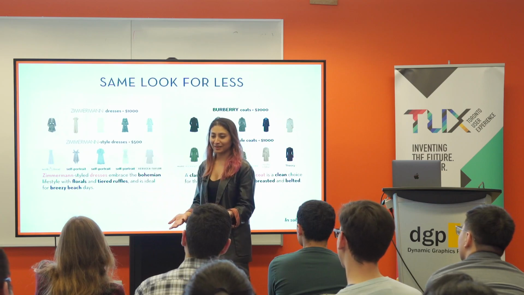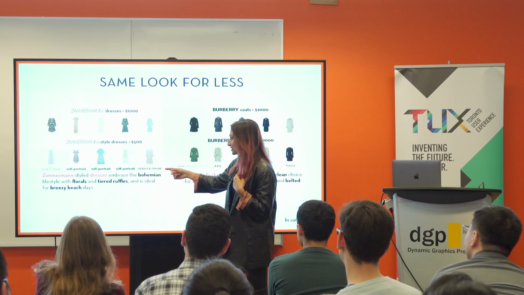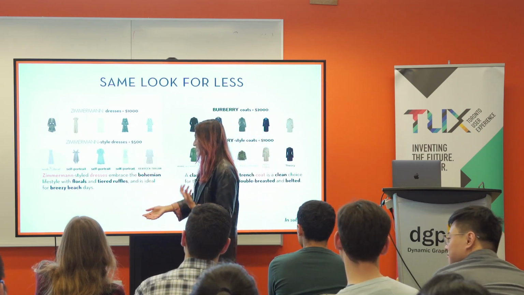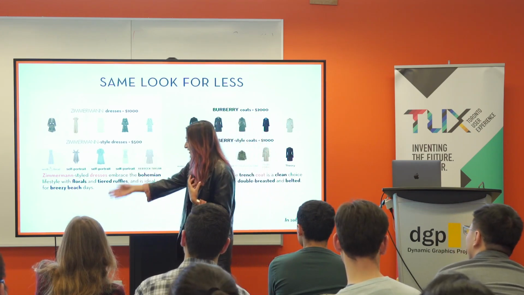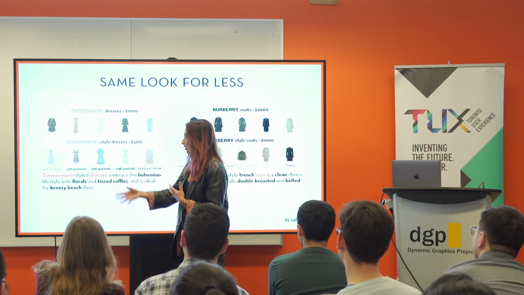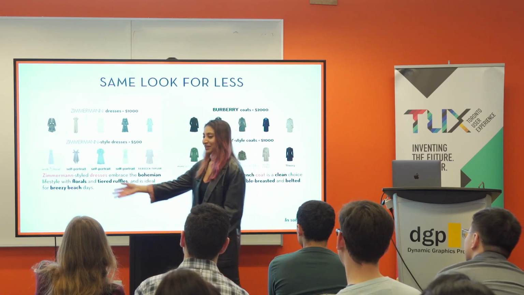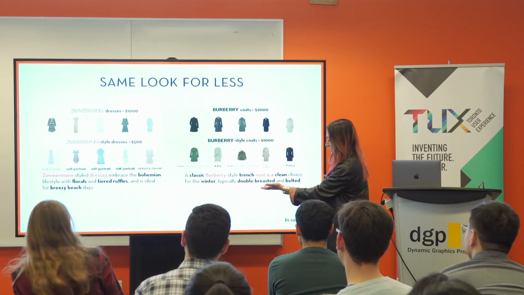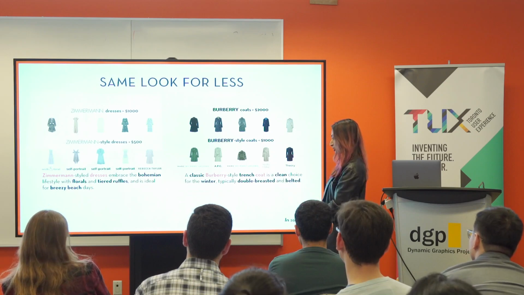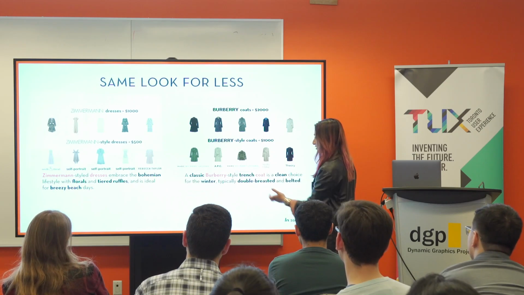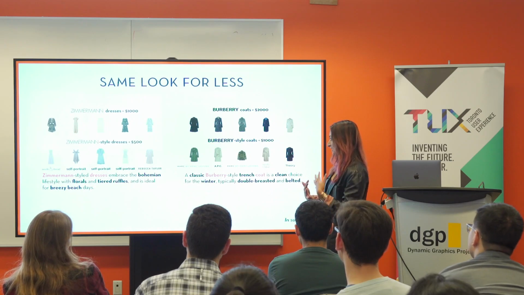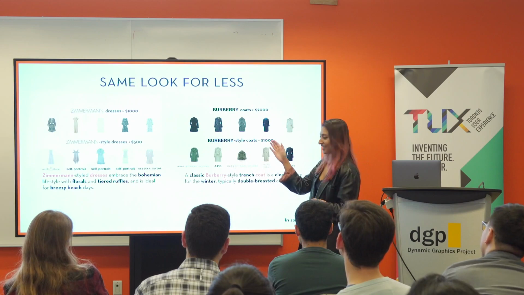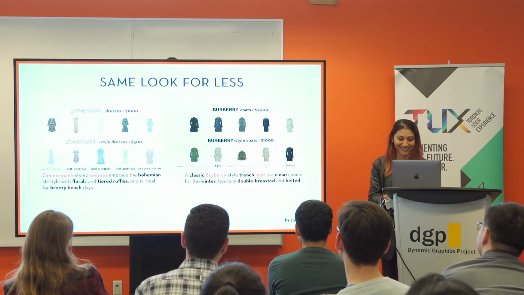You might want to achieve that same look, but pay less. And so, we can identify other brands that have a similar style, and we say, well, it's the same bohemian style with florals and tiered ruffles. It's ideal for breezy beach days. Similarly, Burberry is known for their trench coats, and so we also found other double-breasted, clean style trench coats by these other brands, and they cost less than $1,000.